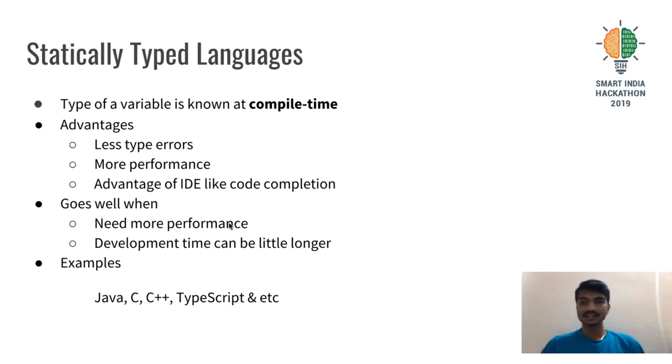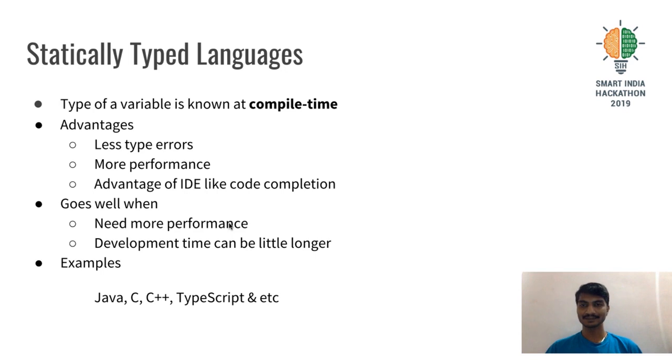So what are the advantages of statically typed languages? It gives you fewer type errors at runtime, because during compile time or development time itself, you know what kind of data is going to be in a particular variable. So the IDE will be more intelligent in giving you feedback on errors during your compile time.